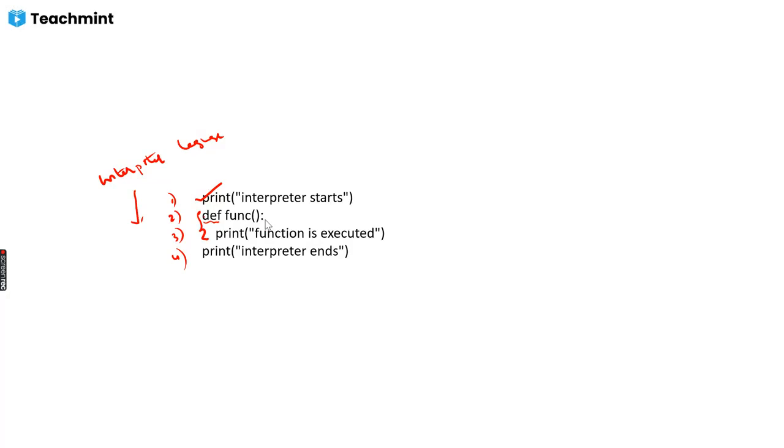Only when you release it will you get to know how much compression has been done. So we are declaring a function, but we are not calling the function. So the interpreter won't execute this until and unless we call it. So our output will be interpreter starts and interpreter ends.